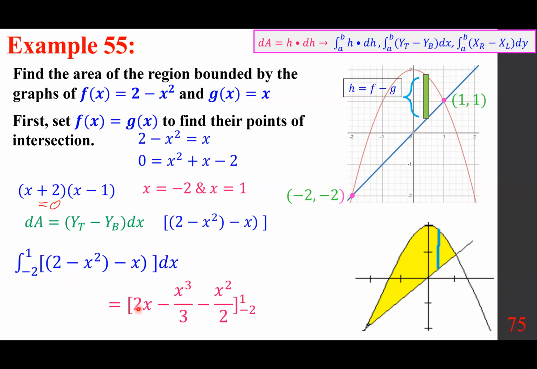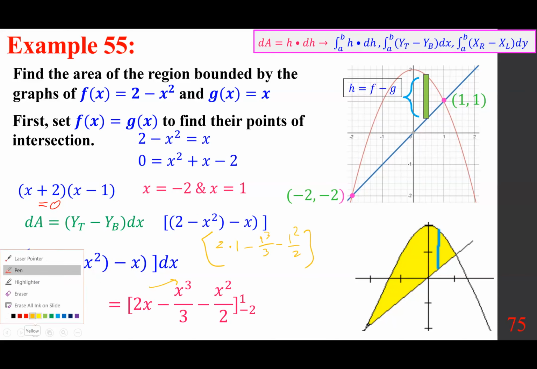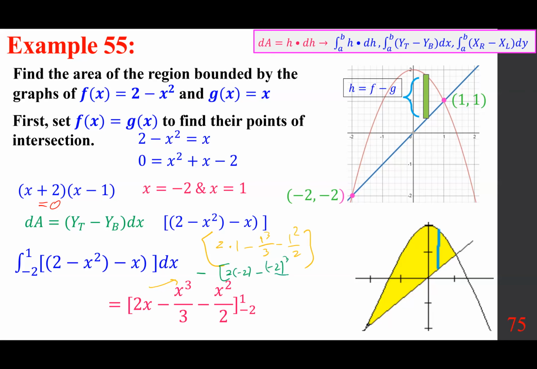So you plug in 1: 2 times 1 minus 1 cubed over 3 minus 1 squared over 2, minus 2 times negative 2 minus negative 2 cubed over 3 minus negative 2 squared over 2. And when you do the math, you end up with 9/2 again.